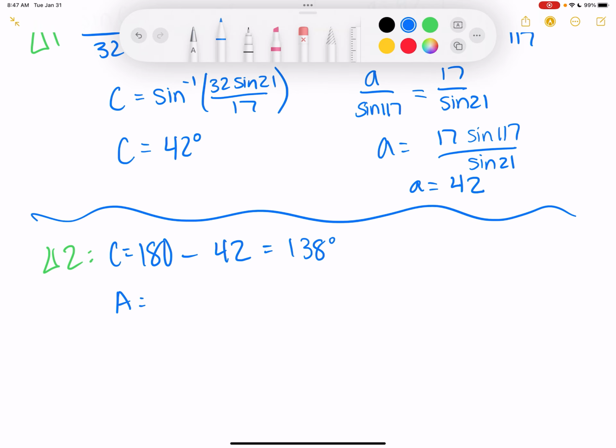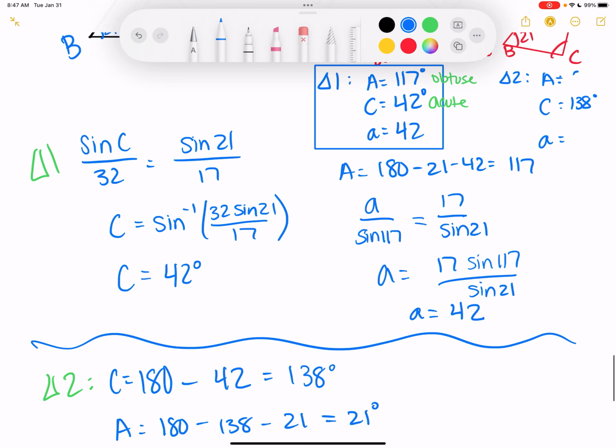So 180 minus 138 minus 21 is what? 21 degrees. Now what do you notice about A and C?